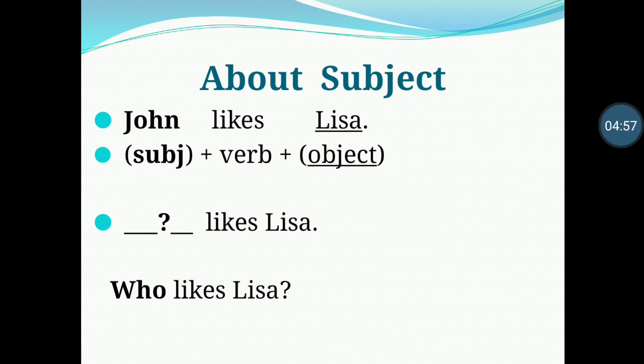Look at this example. John likes Lisa. John is subject, likes is verb, Lisa is object. So we can frame either a subject question or an object question for this sentence, so we should know before framing a question whether we are going to frame subject questions or object questions.